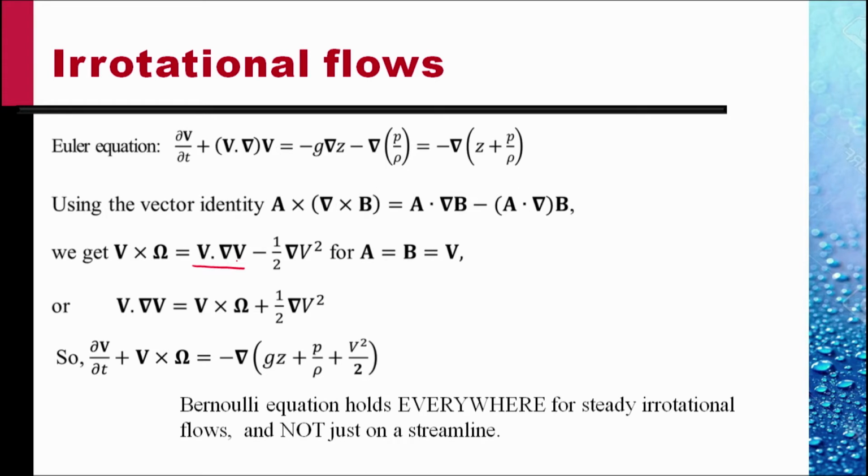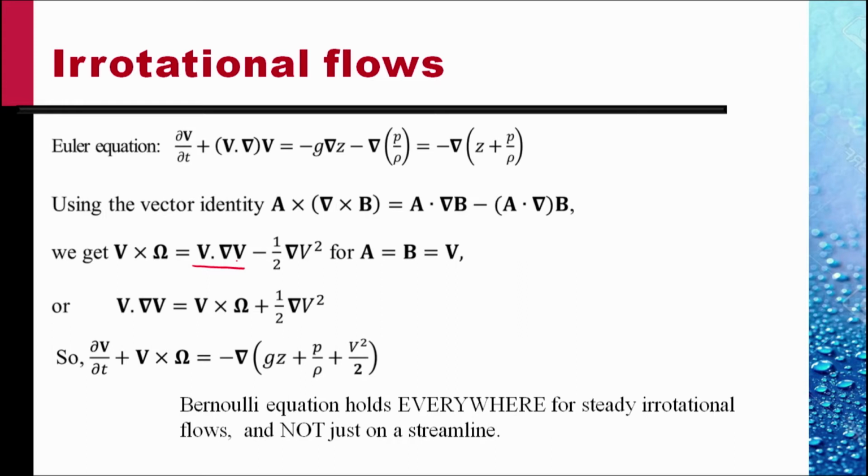Thus, if the flow is irrotational, that is, if omega is equal to 0 and the flow is steady, the left hand side is 0 and we get minus del of (gz plus P by rho plus V square by 2) is equal to 0.